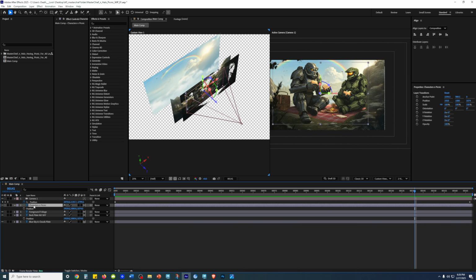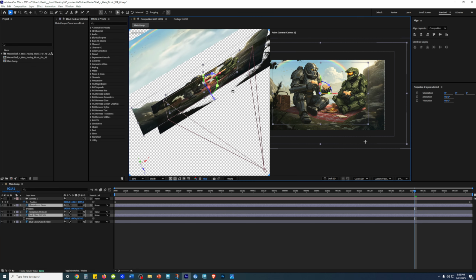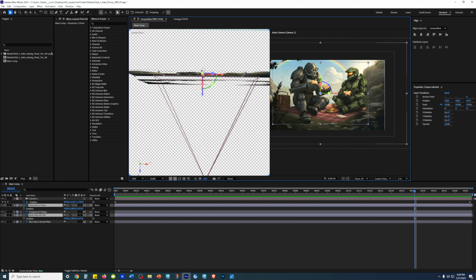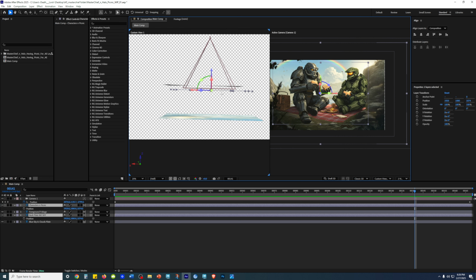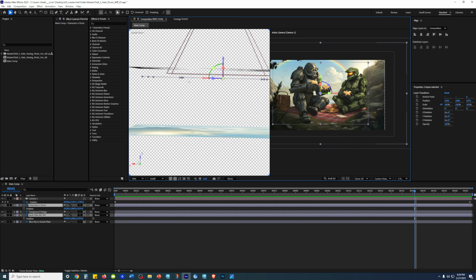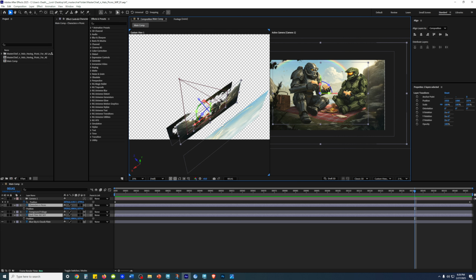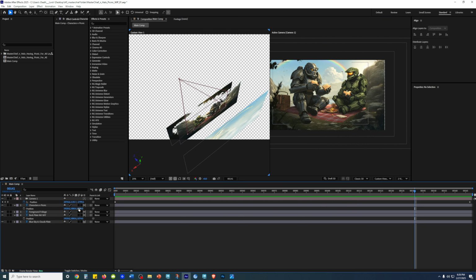So again, they are on the same plane, meaning they're flat together like this, right here, these two. That's because this number and this number are the same, going back in Z, they're aligned.